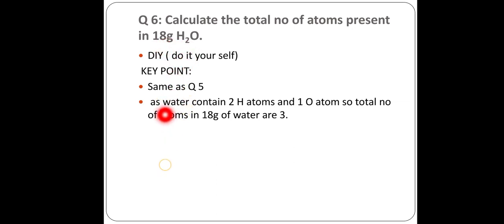So the ratio of elements in water is 2:1, like 2 hydrogen atoms and 1 oxygen atom. So 18 gram of water would have 3 atoms, and this would be 3 into 6.022 into 10 raised to 23 atoms. Okay, I hope you will do it by yourself, because I think these concepts are already very clear, and I don't think there should be any kind of doubt in that.